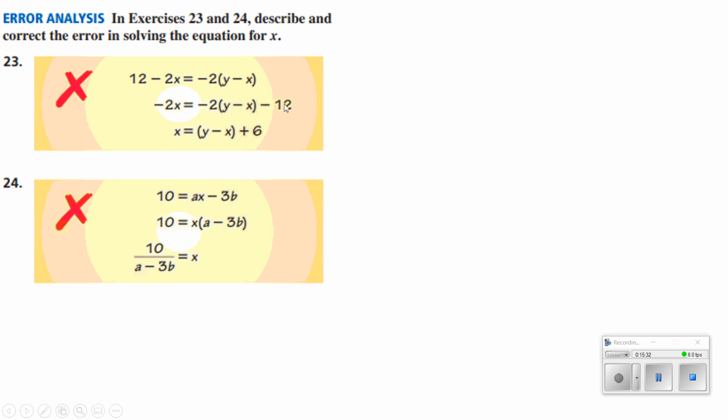Then they decided they were going to divide everything by -2 on this side, and they feel that would give them y minus x equals 6.